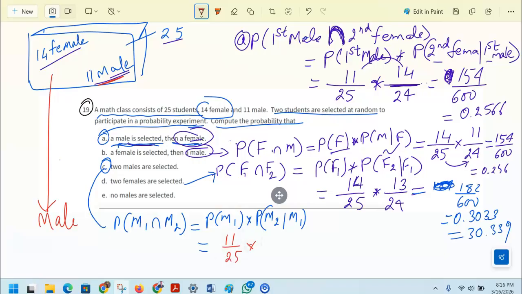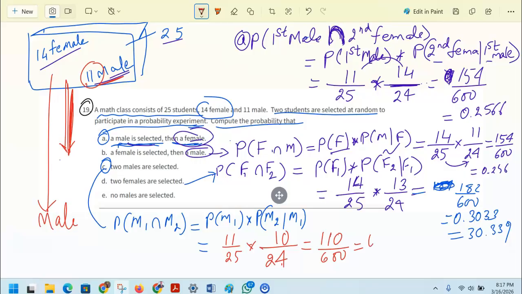Now there will be one less male, and the second one will be out of 24 kids, you're selecting from the remaining 10 because it was 11, now it becomes 10. So 11 times 10 is 110, and 25 times 24 is 600, and 110 divided by 600, you get 0.1833. So that's like 18.3%.